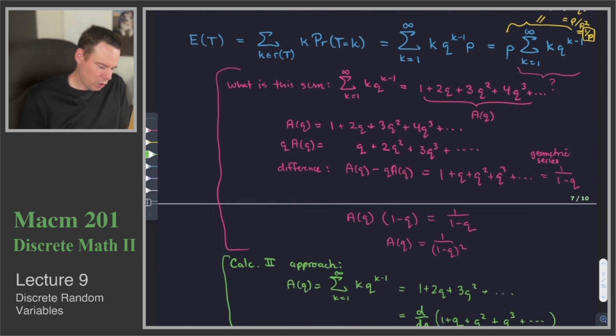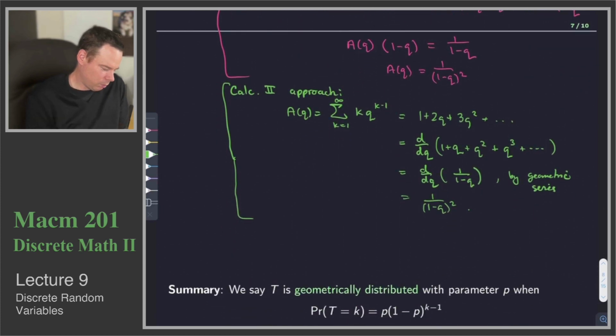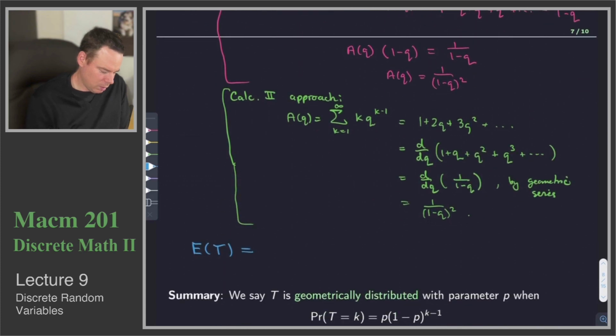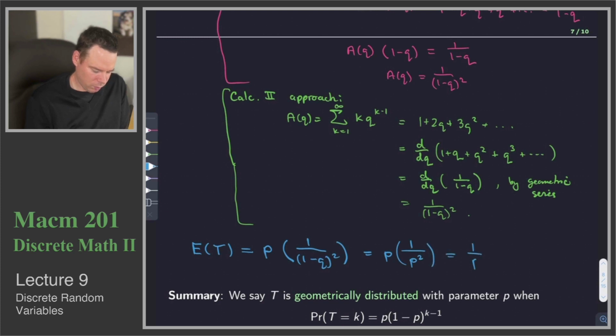So however it shakes out, we end up getting, and here's where I was going to write down the conclusion, E of t is equal to, and I'll write down that last result, p times the sum of that series, 1 over 1 minus q all squared, but 1 over 1 minus q, that becomes a 1 over p squared, which becomes a 1 over p. And in our particular case, p is 1/6.